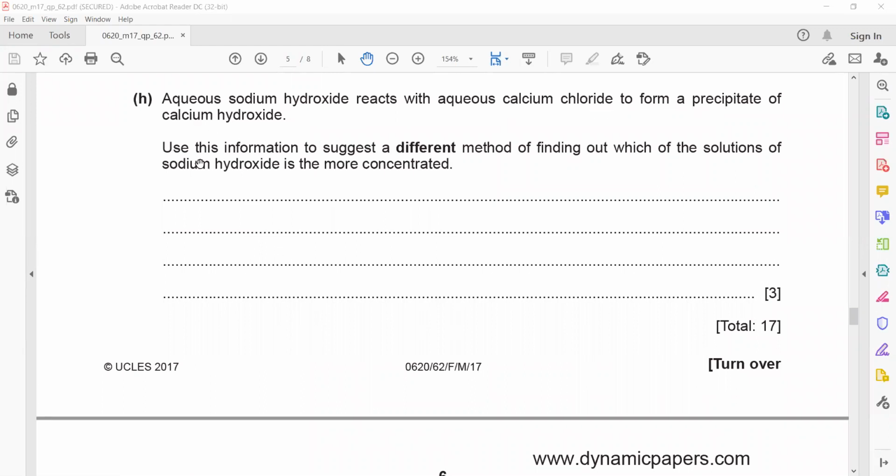They mention when sodium hydroxide is added to calcium chloride, it will form a white precipitate. So how can we use this method to show that? Not about electrolysis, they're asking using this idea.